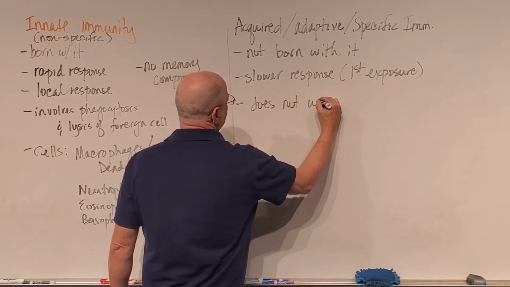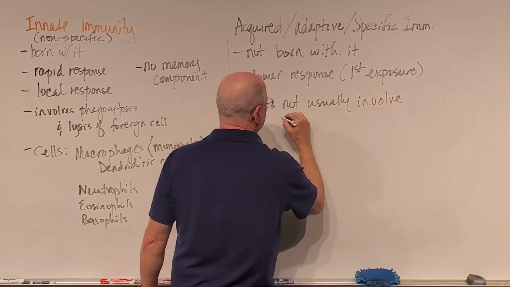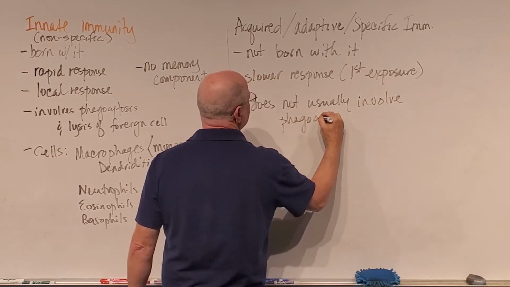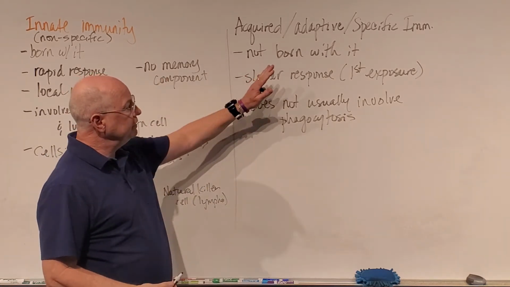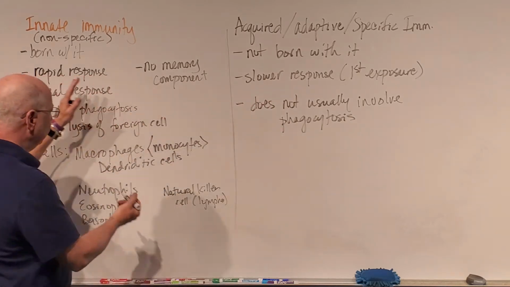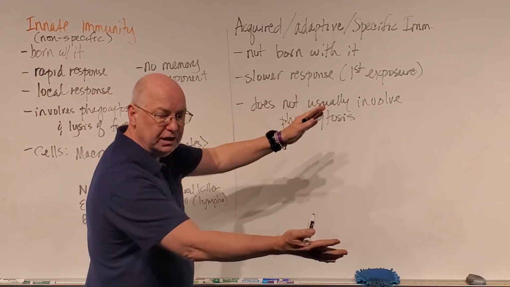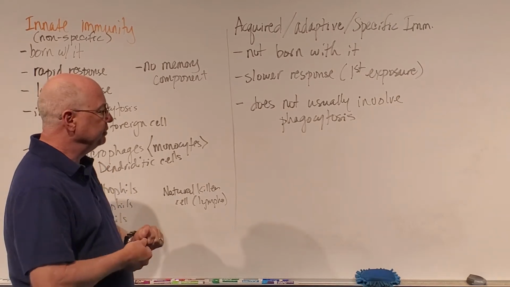It does not usually involve phagocytosis, at least not initially by these cells. Now, what we're going to learn is that under the acquired immune system, once it's activated, it can alert some of these cells to come rushing in and phagocytose what we call antibody-labeled cells.